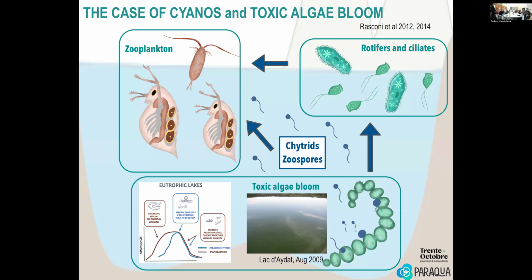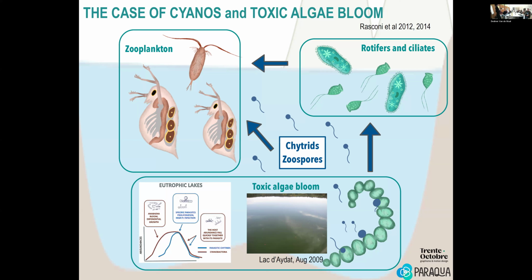When I started studying chytrids, I thought, okay, I want to study a new trophic link. I want to see if there can be also some meaning of this parasite for cyanobacteria, toxic blooms.